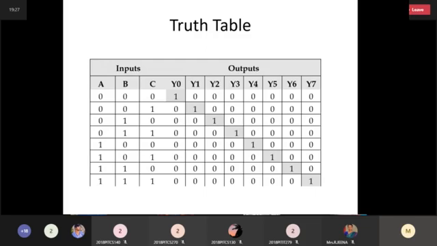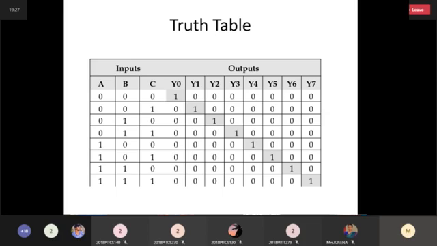Here, first 0, 0, 0 means the Y0 state is active. Then both inputs A and B are 0 and input C is 1, which means the Y1 state is active. Then A is 0, C is 0, B is 1, which means Y2 is active. In simple terms, you write 1 along the diagonal and all other terms are 0.